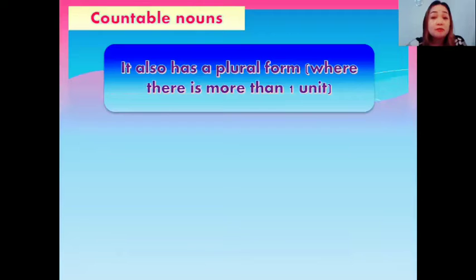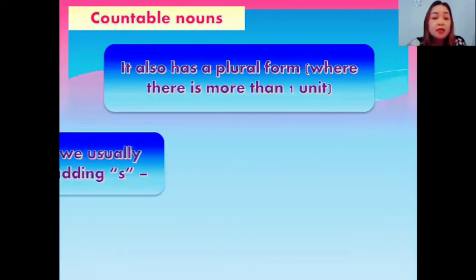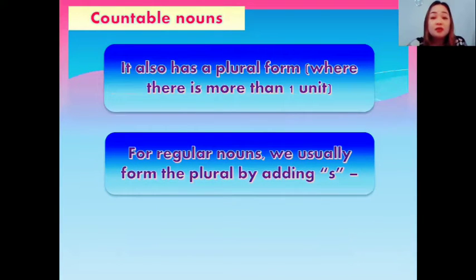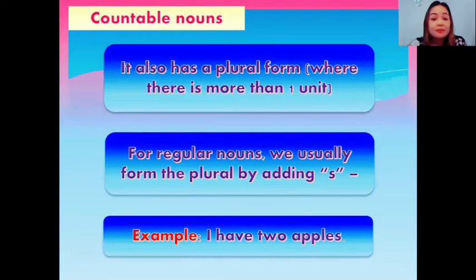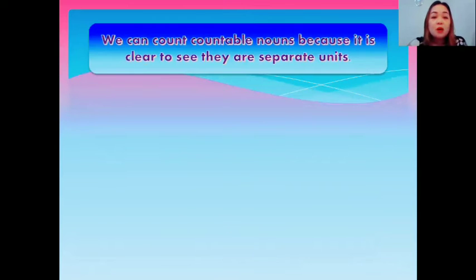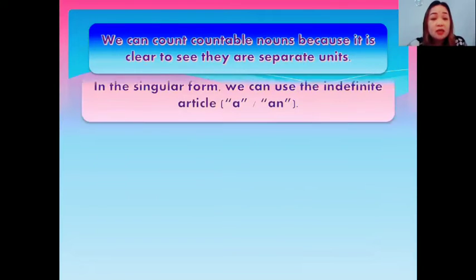It also has a plural form where there is more than one unit. For regular nouns, we usually form the plural by adding s. Example, I have two apples. We can count countable nouns because it is clear to see they are separate units.